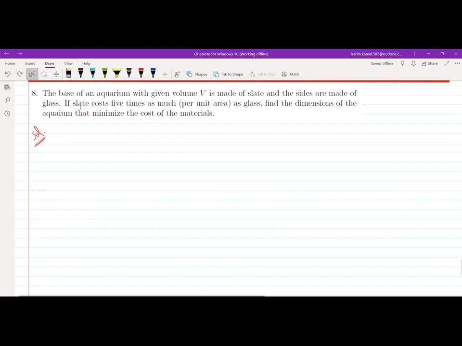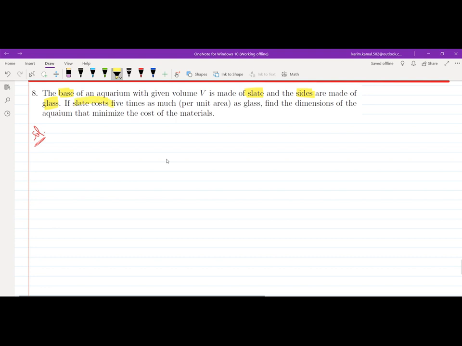First of all, the important information in this problem is that the base is made of slate and the sides are made of glass. And also, the slate costs 5 times as much as the glass.